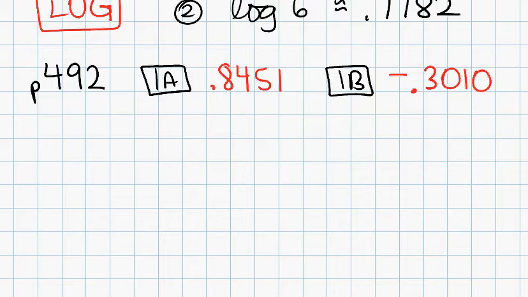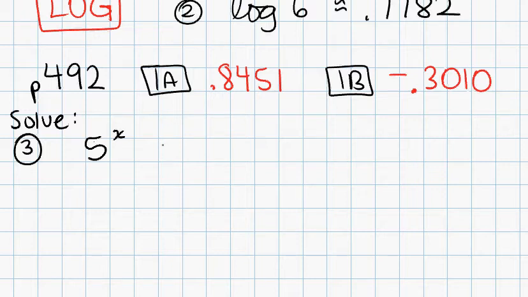Going on, we are going to use the common log to solve some problems. That looks ugly. So we're going to solve 5 to the x equals 62. Rewriting this problem doesn't help. Log base 5 of 62 equals x. We don't know what to do with that. So instead, we are going to introduce logarithm on both sides.